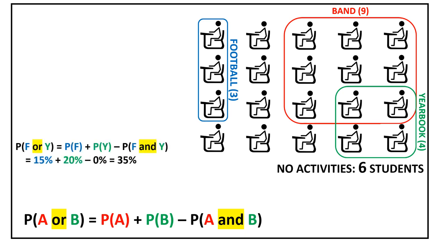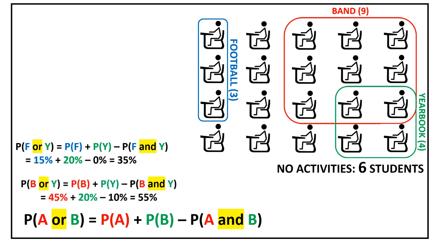Without overlap, as in P of F or Y, where we subtract 0, and with overlap in the case of P of B or Y, where we subtract the overlap.